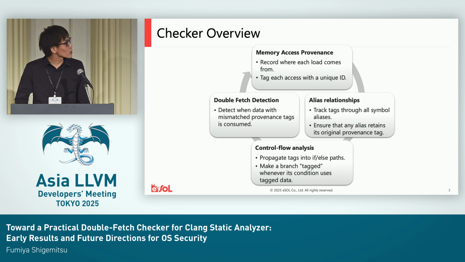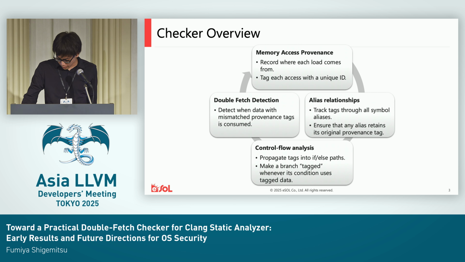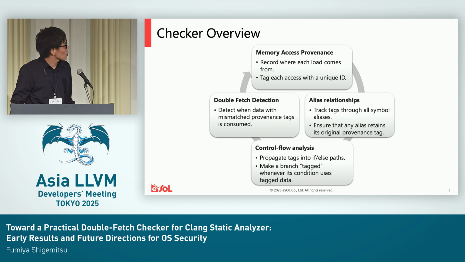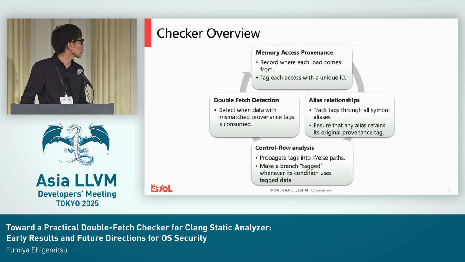Okay, now I will give you a quick overview of how my checker works. First, memory access provenance. Every load from user space is recorded with a unique provenance tag. Then, alias relationship. The checker tracks those tags across all symbol aliases. This ensures that any alias of the data keeps its original provenance tag.